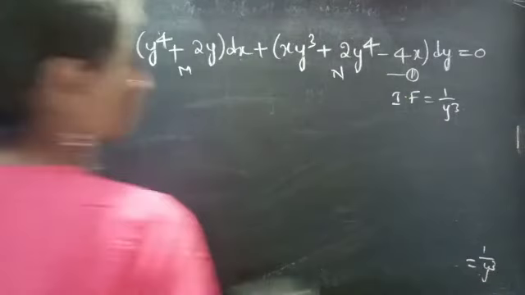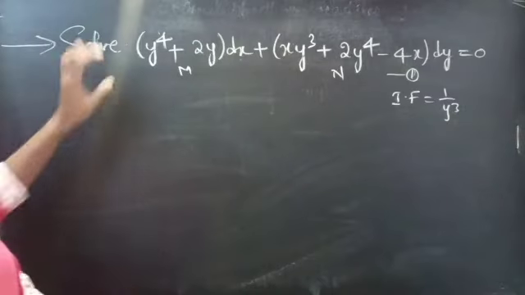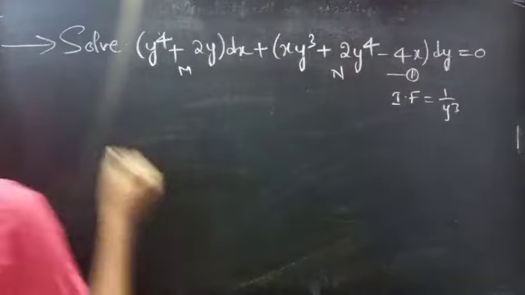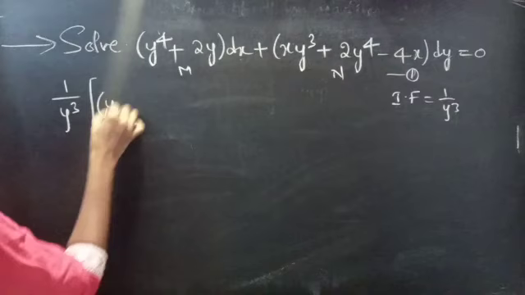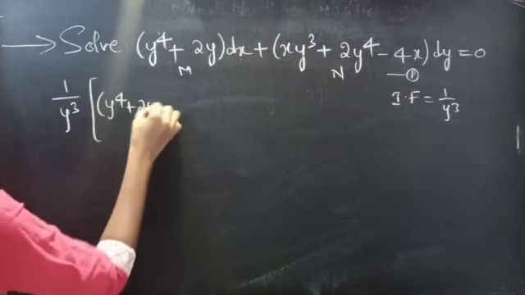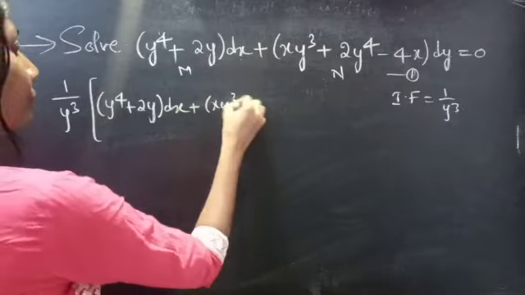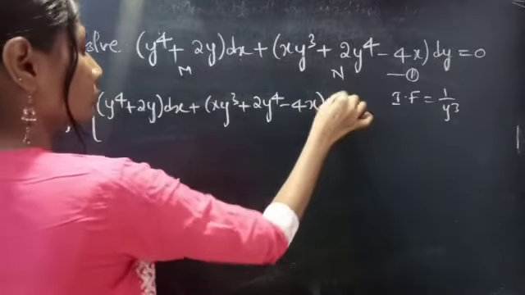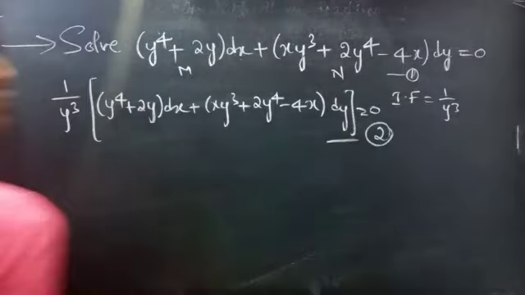Now, we can reduce the given equation to an exact equation by multiplying it with this integrating factor, 1 by y cube times the given equation. Consider it as equation 2.